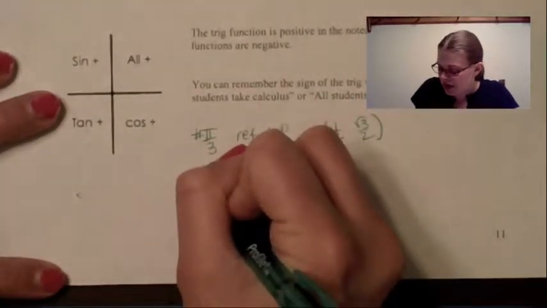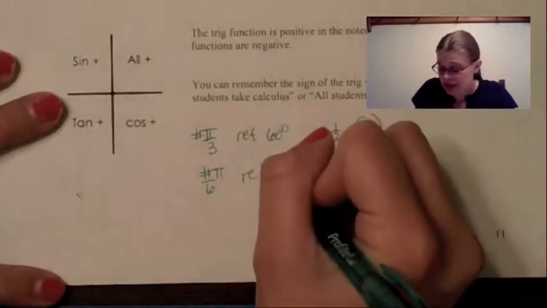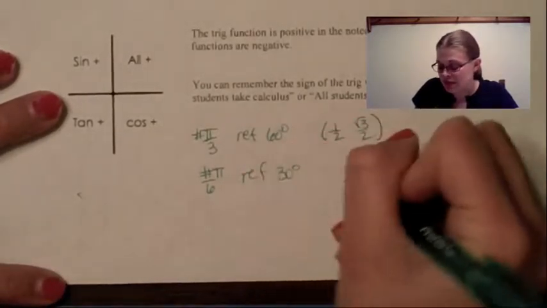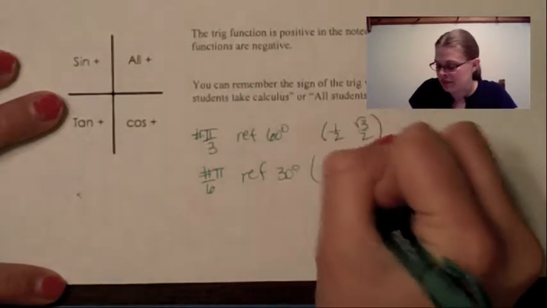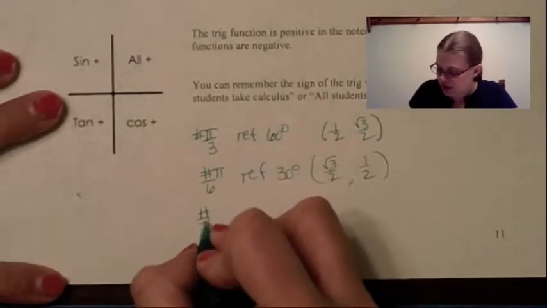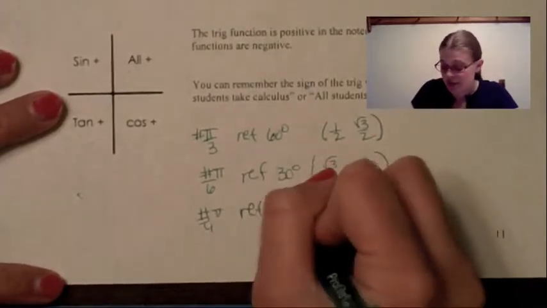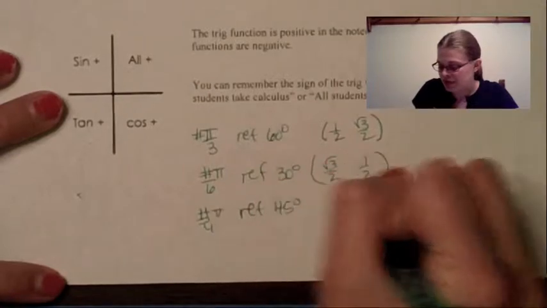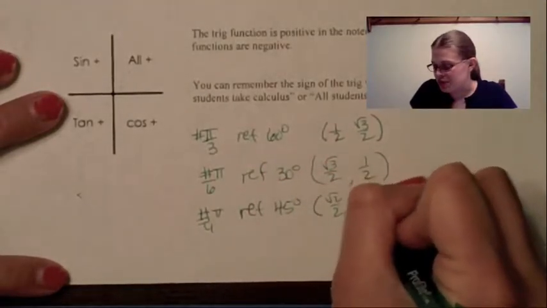Anything pi 6 has a reference angle of pi 6, which is a reference angle of 30 degrees, which is going to be your point root 3 over 2, 1/2. And then anything pi fourths has a reference angle of pi fourths, which equates to 45 degrees, which is going to be your point root 2 over 2, root 2 over 2.